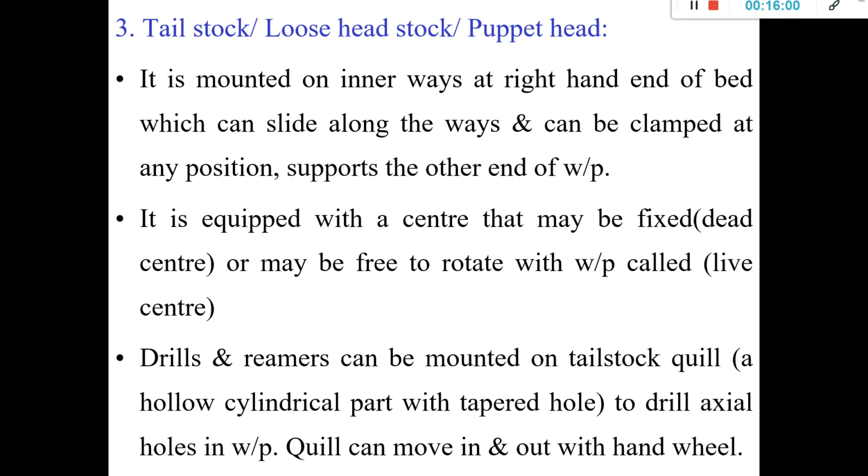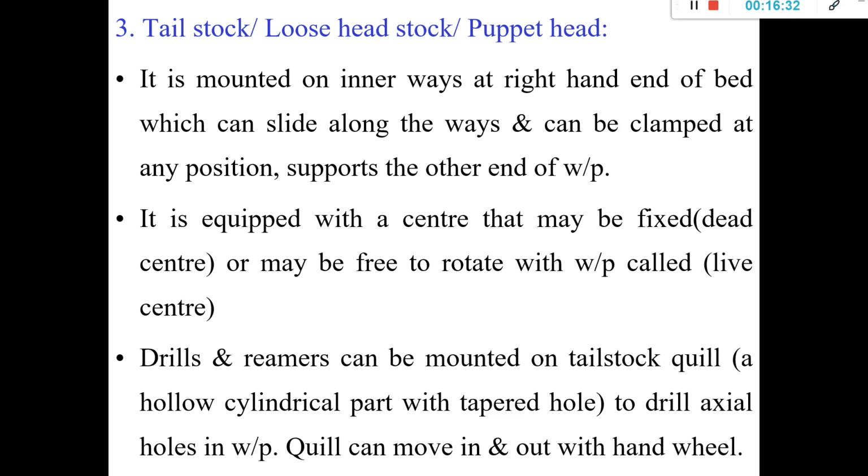This tailstock is mounted on the inner ways at the right hand end of the bed, which can slide along the ways and can be clamped at any position and supports the other end of the workpiece. It is equipped with a center that may be fixed, called a dead center, or may be free to rotate with the workpiece, called a live center.